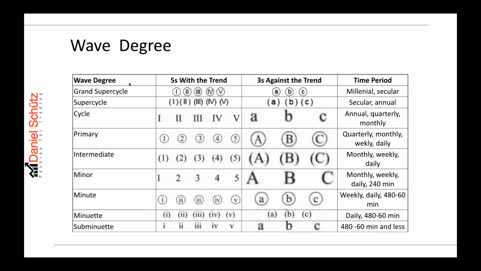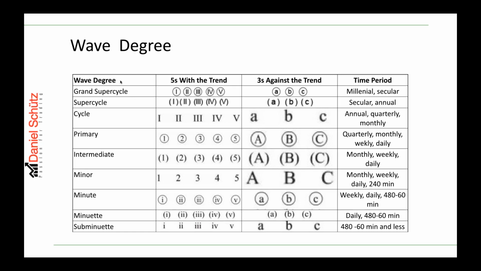If we take a look at a long-term chart, for example, if we go back to the late 1800s in the Dow Jones, and we take a look at the wave count there, then maybe we look at the grand super cycle, and then it's the Roman numeral 1 in a circle, or it's a super cycle, a 1 in brackets.